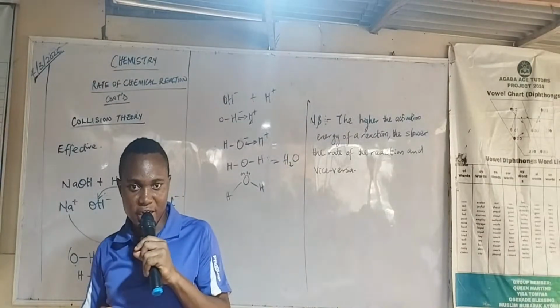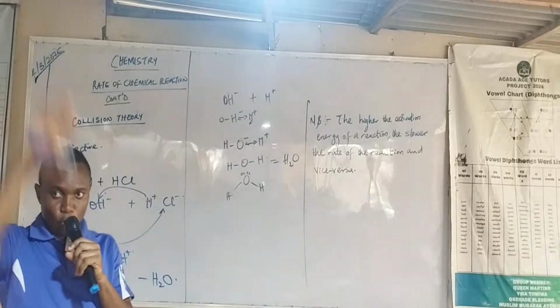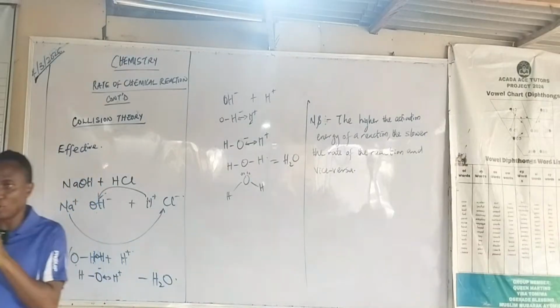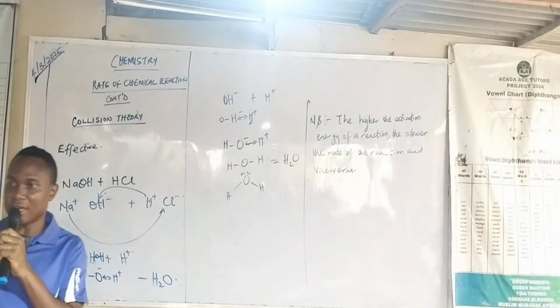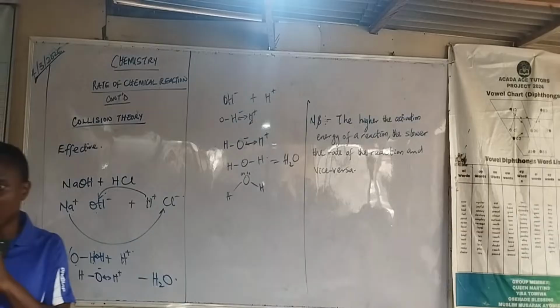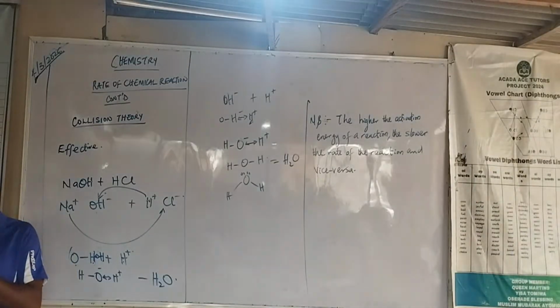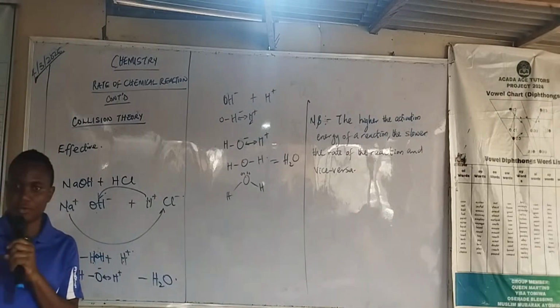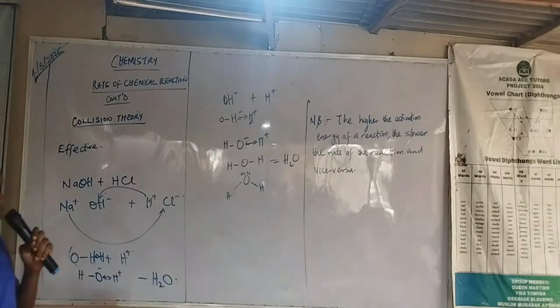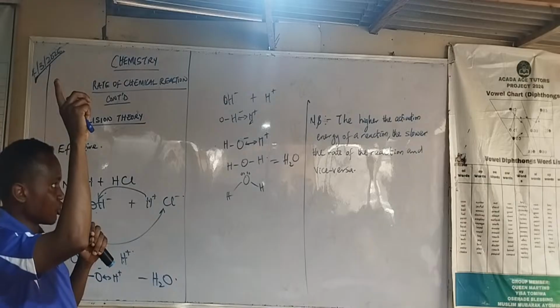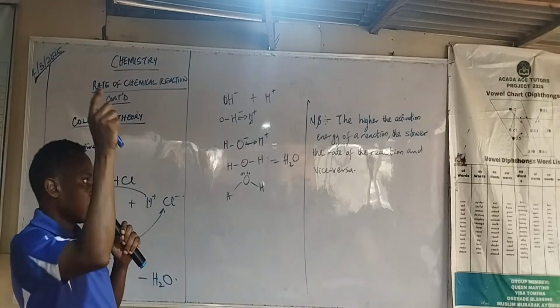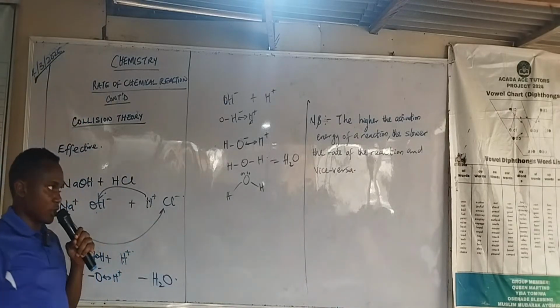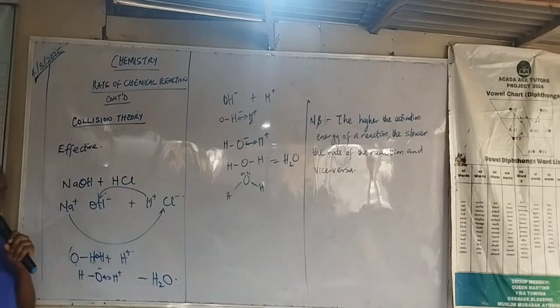We are talking about the lower the activation energy, the faster the rate of what? Chemical reaction. But the higher the activation energy of a reaction, the slower the rate of reaction and vice versa.